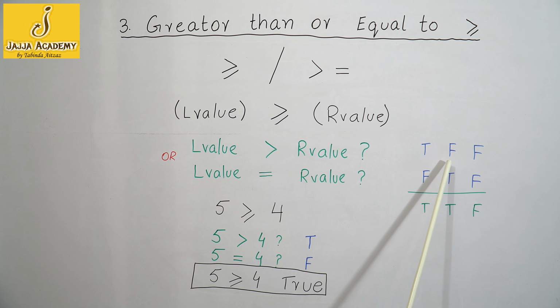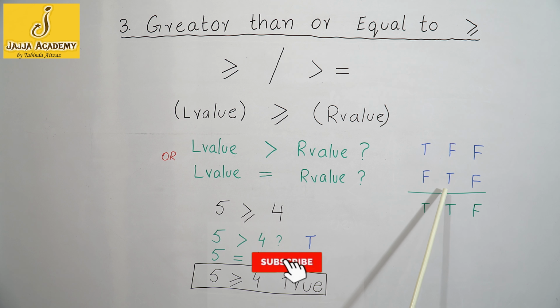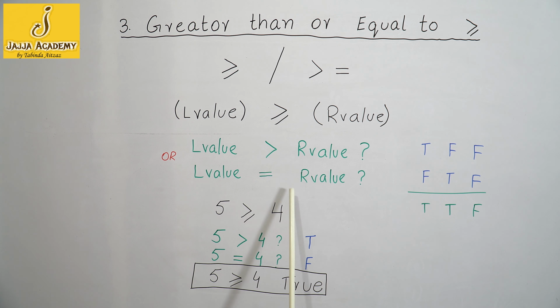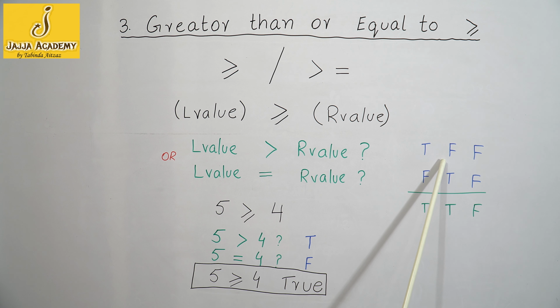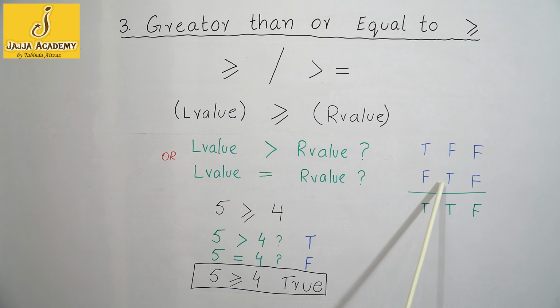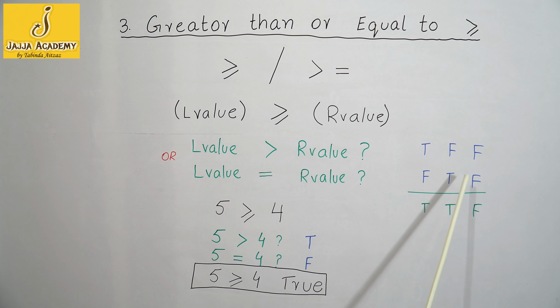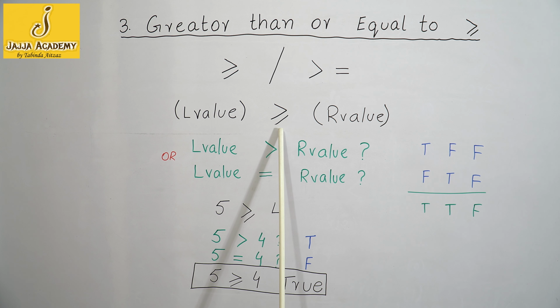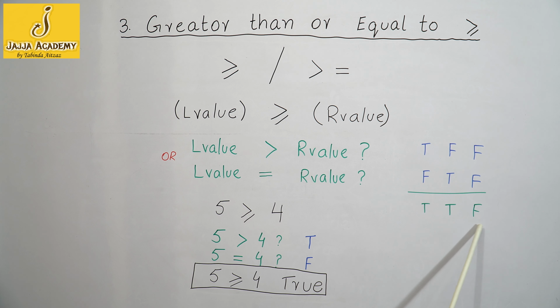If this condition is false but the second condition is true, which means left value is equal to the right value, then in this situation, when first condition is false but the second is true, the answer will be true. But if both conditions are false, then the greater than or equal to operator will produce false. For example, 5 is greater than equal to 4.